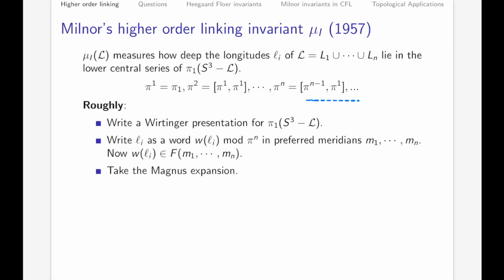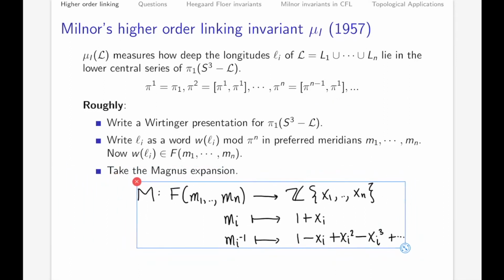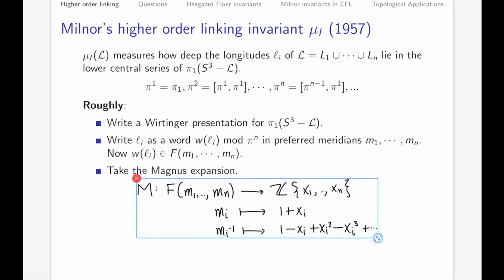Then one takes the Magnus expansion. So this is a map, and this map is going to take our free group and map it to this ring on non-commuting variables x1 through xn. It'll send the ith meridian to 1 plus xi, and then it will send the inverse of that meridian to 1 minus xi plus xi squared, and so on and so forth.